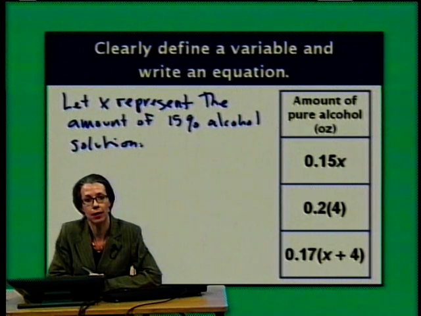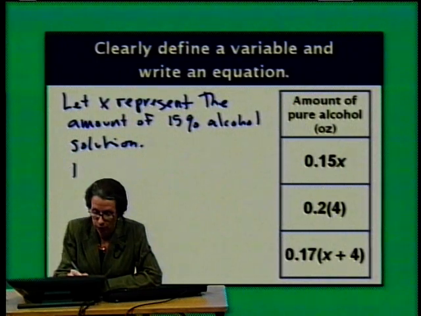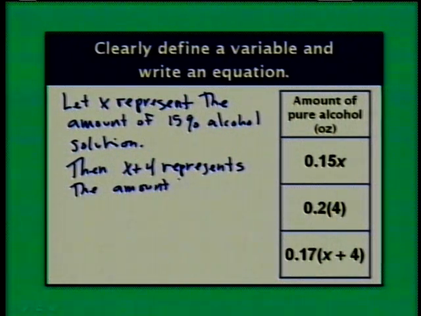Well, that represents the final amount of 17% solution. So then X plus 4 represents the amount, and I'm measuring amounts in this problem in ounces, of 17% solution.